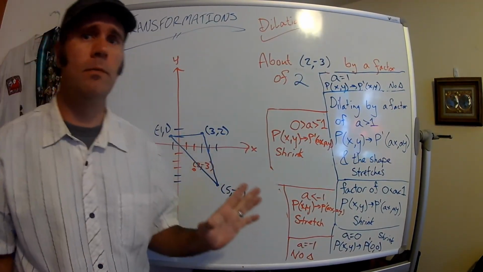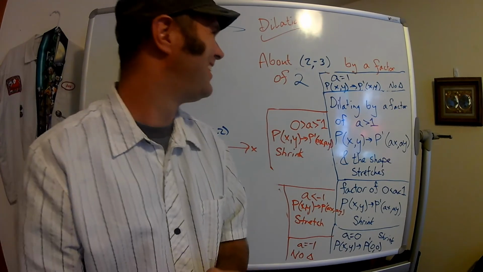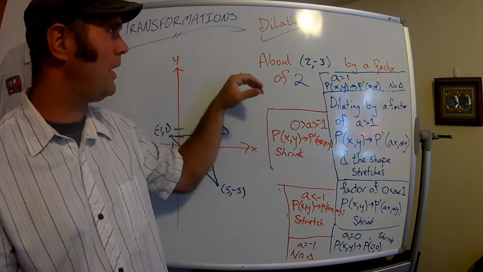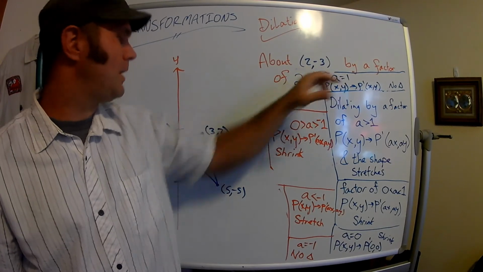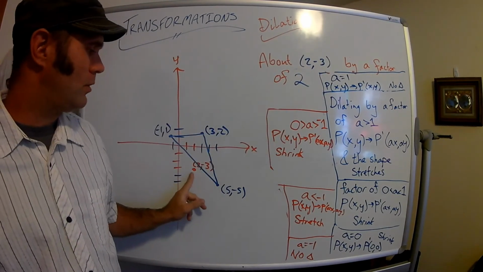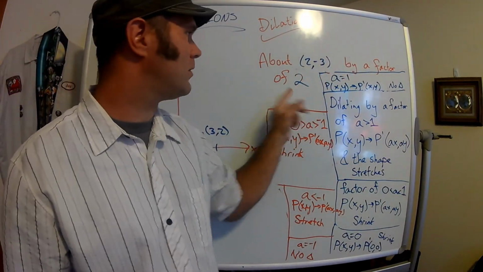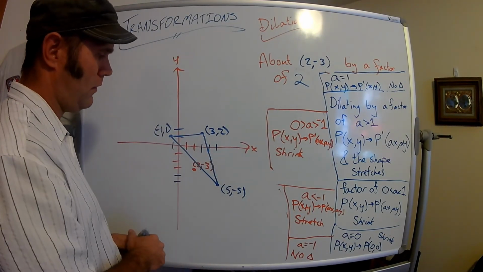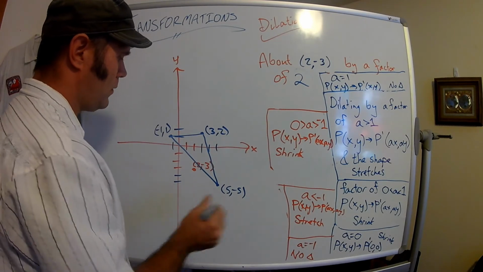Alright, last problem. So if we wanted to dilate about the point 2 comma negative 3, so that's what we're dilating about, by a factor of 2, we would just have to convert all of our points into a reasonable number.